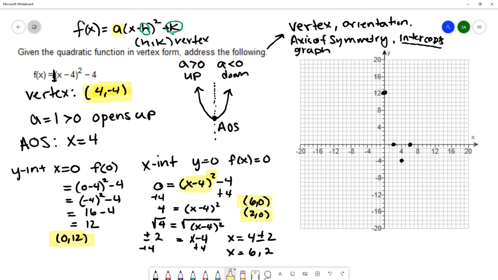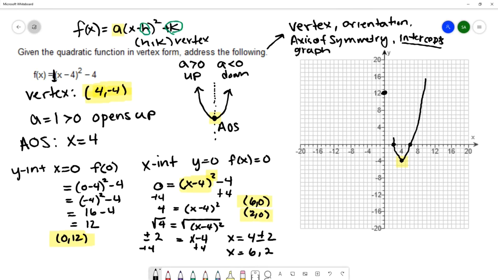When I draw this, I want to keep in mind that these are not random points. The vertex is a very specific point that indicates where the function turns around. We call it a turning point. So this will dip at that vertex and turn around.